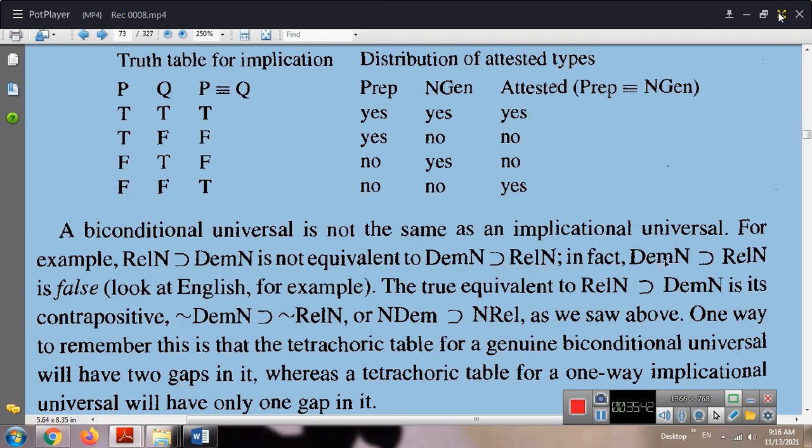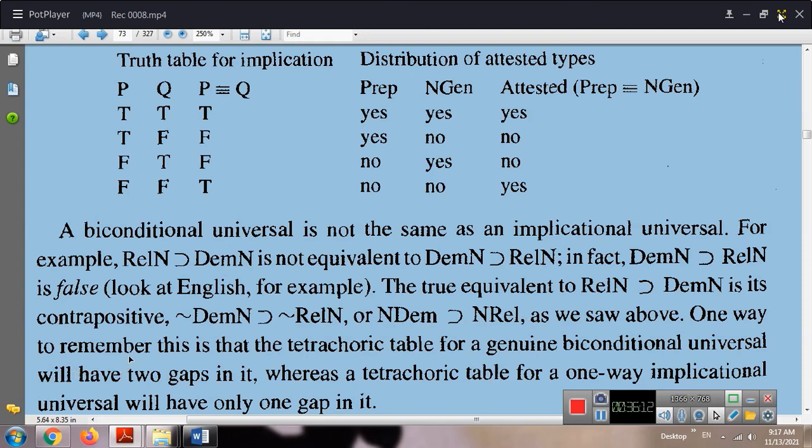In fact, if demonstrative-noun then relative-noun is false. For example, in English, the true equivalent to if relative-noun then demonstrative-noun is its contrapositive: if not demonstrative-noun then not relative-noun, as we saw above.